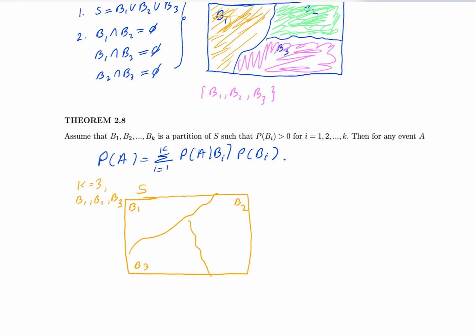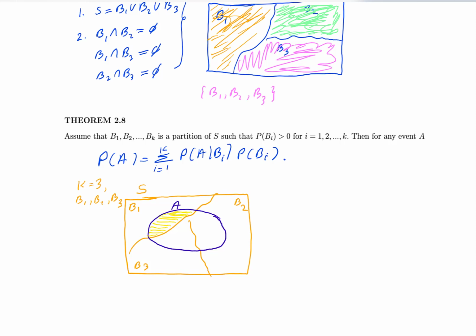Now they are talking about a set A. I use the set A like this. That is a set A. Now you see set A has common areas with B1, B2, and B3. Let me show you. This is the common area with B1, right?